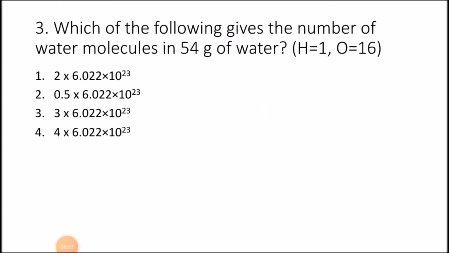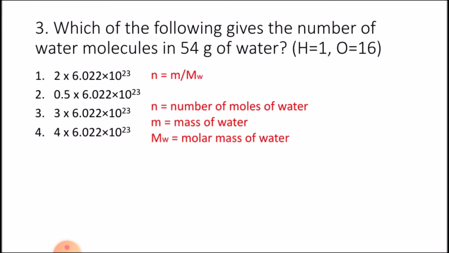Question number 3. Which of the following gives the number of water molecules in 54 grams of water? In brackets, the relative atomic mass of hydrogen is 1 and oxygen is 16. For the calculation, this relationship is really important, because first we need to calculate the number of moles of water present in 54 grams of water.